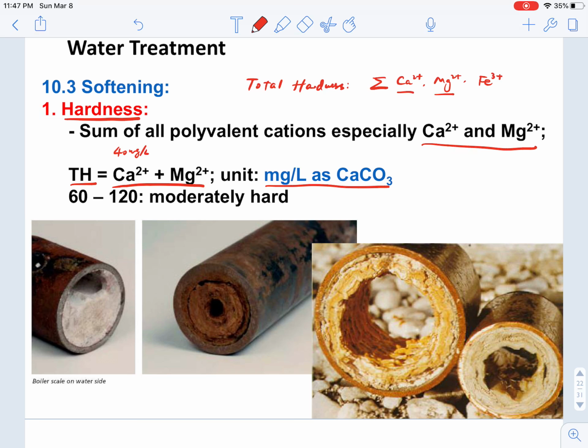So in order to calculate the mass concentration as calcium carbonate, basically first we need to calculate what is the equivalent concentration of the calcium, right? So for calcium, the Z value is equal to 2 because the salt here can accept 2 hydrogen ions, right?